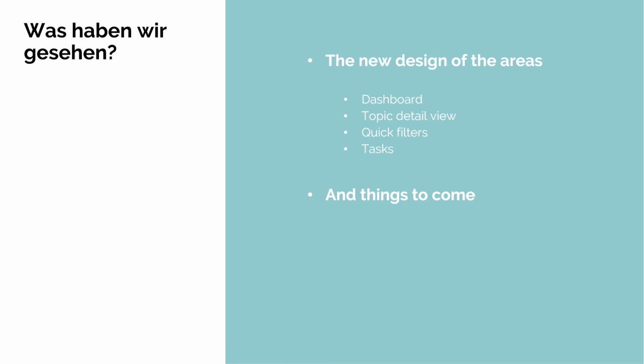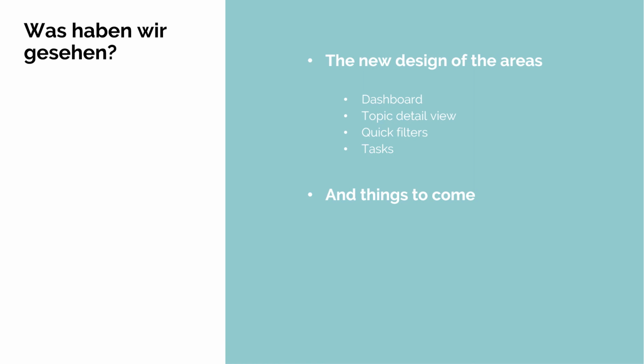Then we changed to the task management, where we can see all the tasks in the quick filters and can change options, statuses, processors, and so on directly in the overview. And last but not least, we took a look at the dialogues and the things that will be implemented in the next versions.